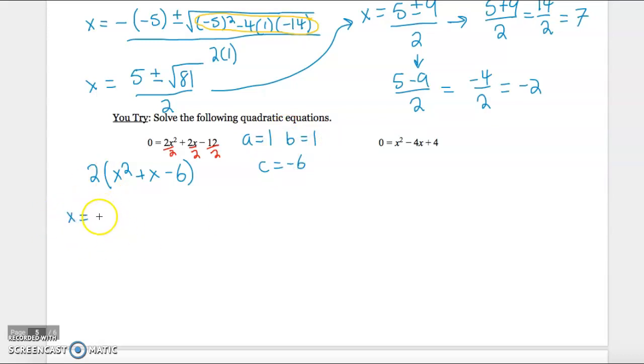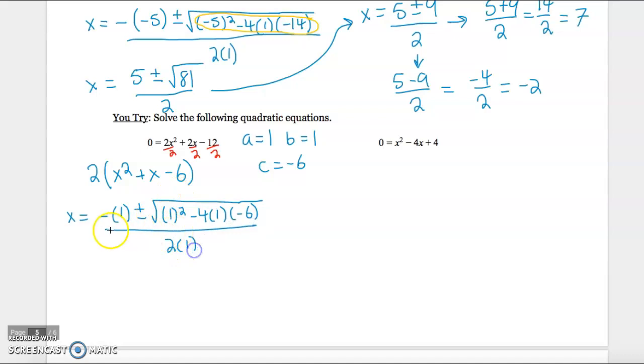X equals negative b plus or minus the square root of b squared minus 4 times a times c all over 2 times my a value. Excellent. Okay, so minus 1, so it's negative 1, plus or minus, and I'm going to stick this entire piece into my calculator.